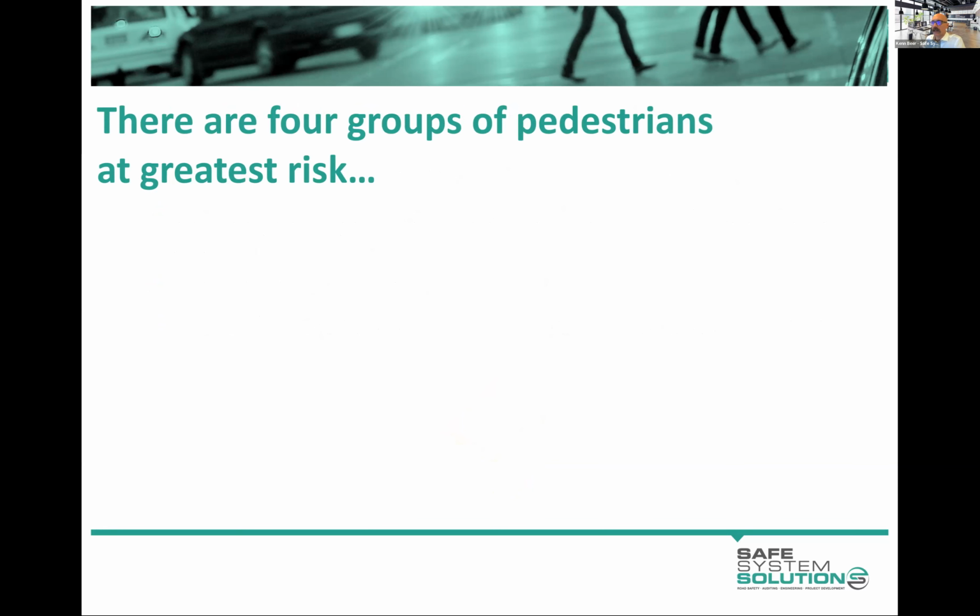Who wants to throw a few ideas in? What groups of pedestrians might be at the greatest risk? Okay. Oh, yeah, good. I think we've almost got them all. So I'm seeing there, children, elderly, yes, yes. Disabled, yes. One missing.